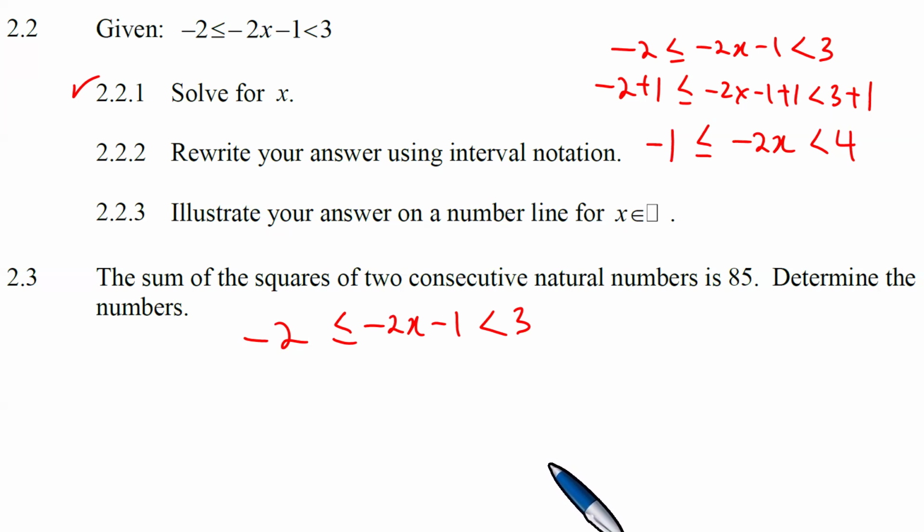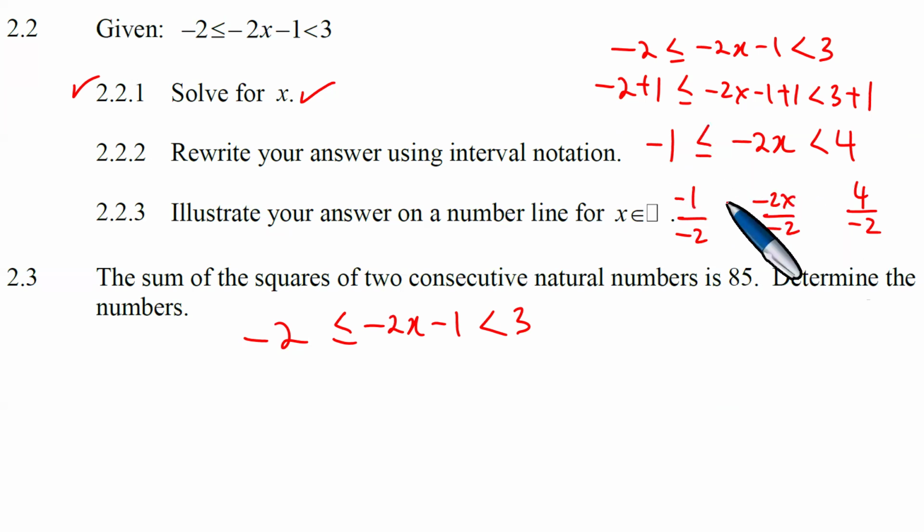What do we do now? Now we want to solve for x, because the question is saying solve for x. We're just left with this minus 2. If we remove this minus 2, we get the correct value of x. So you have minus 1, you divide by minus 2; minus 2x, you divide by minus 2; and 4, you also divide by negative 2. But if you divide by a negative number, the inequality must change direction.